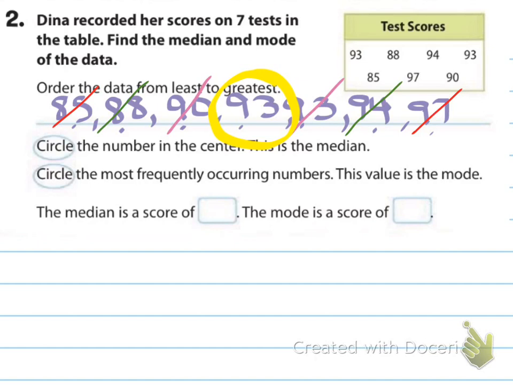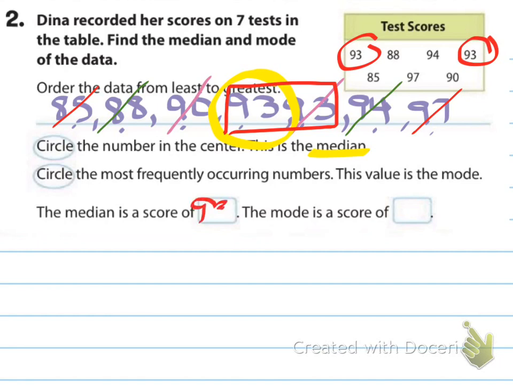And so 93 is our median. Then we're going to circle the one that happens most frequently, and that's going to be our 93s, because 93 is the only one that duplicated. So the median is going to be 93, and the mode is also 93.